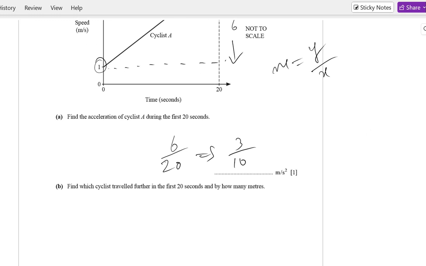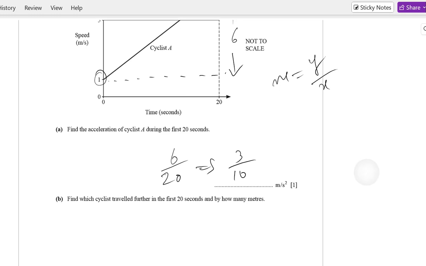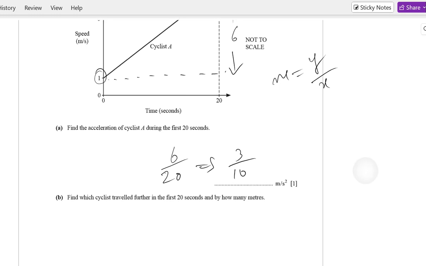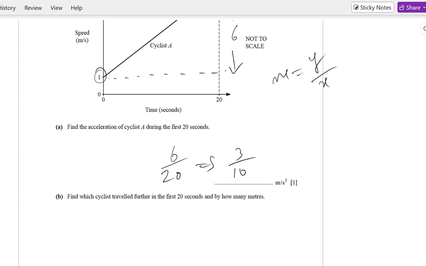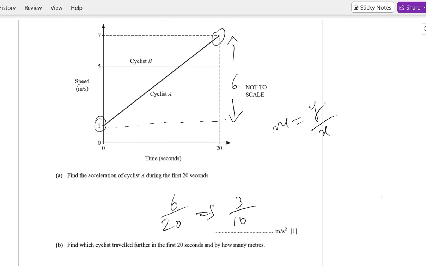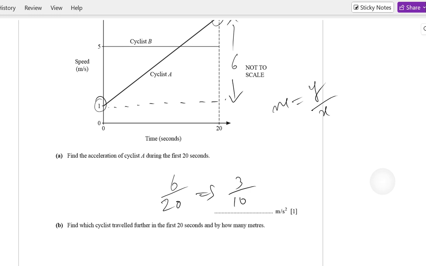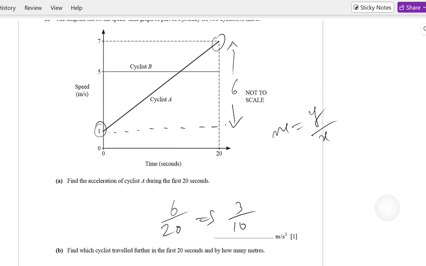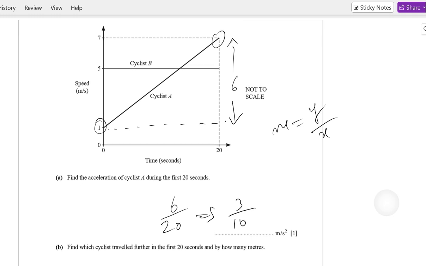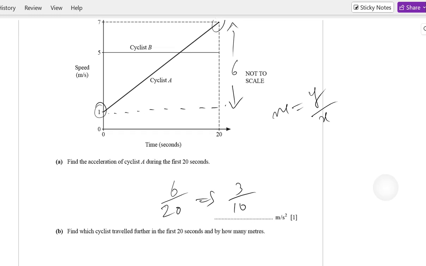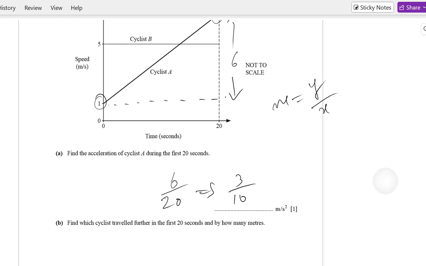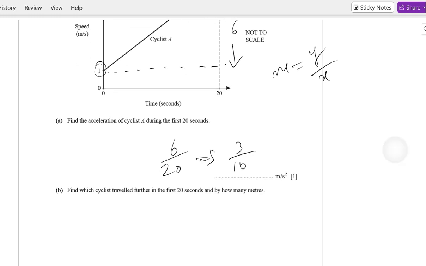Which cyclist traveled further in the first 20 seconds and how many meters? Alright, for this purpose, we need to find their covered distance, that is the area under the curve in the speed time graph. So your cyclist B is making a rectangle over here, 20 times 5. For cyclist B, your area is 100.